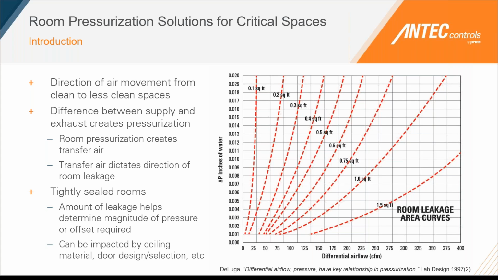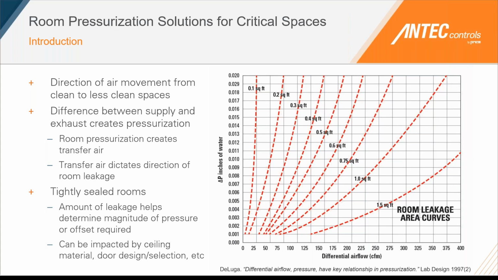If your hazard is inside the room, you're typically going to want to ensure that airflow goes from outside the room to inside the room, which would be a negatively pressurized space. On the opposite end, if the hazard is outside of the room, we're going to want to ensure that airflow goes from inside the room to outside the room, which would be a positively pressurized space.